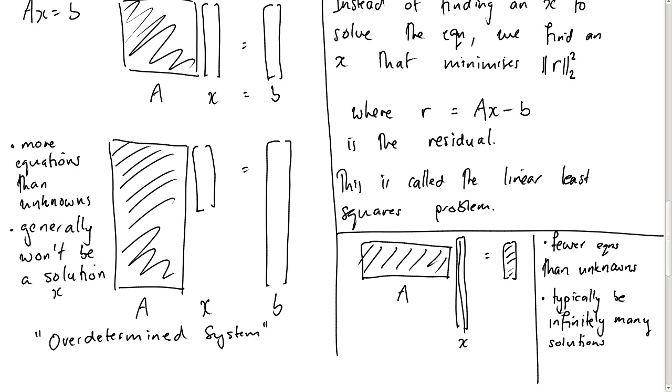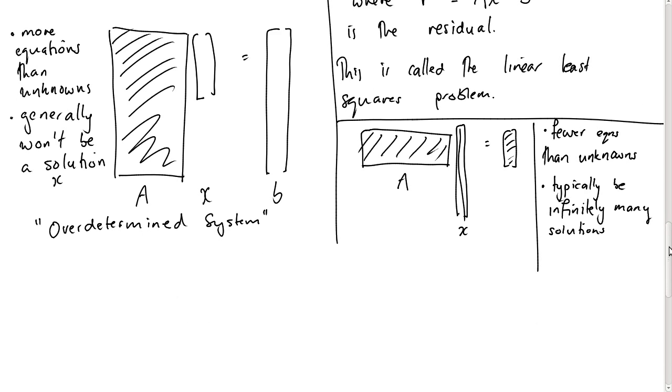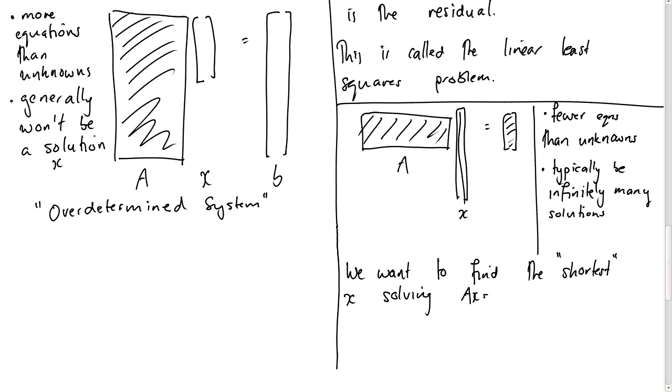So what do we want to do in this case? Given that there are infinitely many solutions, obviously you're not particularly interested in just finding a solution, because that's quite easy. What you're interested in is finding the shortest, or the lowest norm, x that solves Ax equals b.